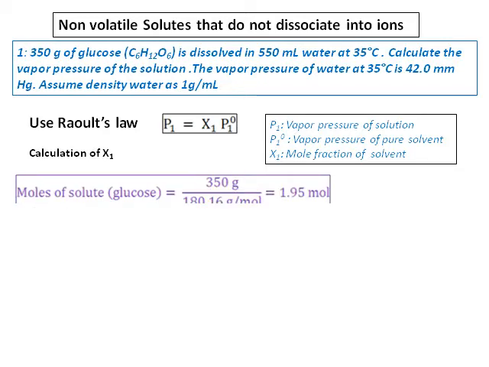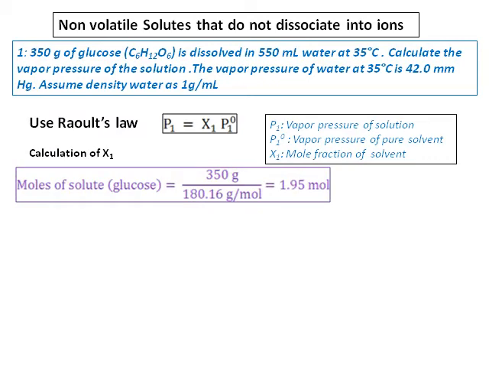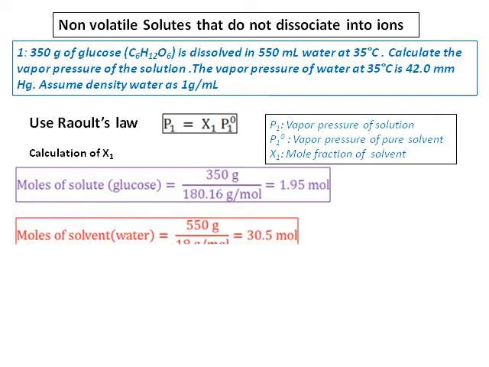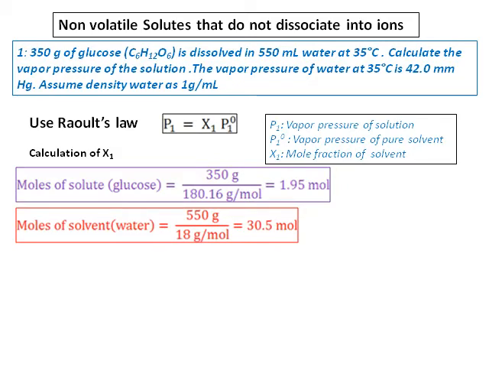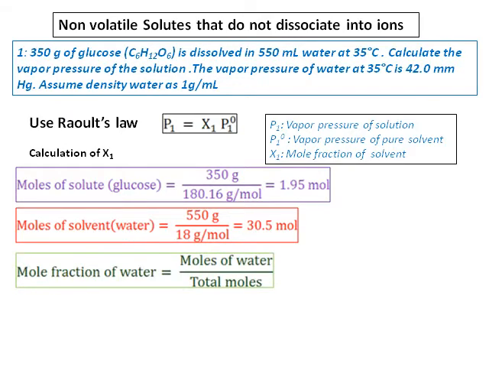So let's start with the moles of the solute, the glucose, which is equal to grams of glucose divided by the molar mass of glucose. And then moles of solvent will be equal to grams of solvent divided by molar mass of solvent. Since they have asked us to assume density as 1, volume and mass of water become the same. So I got the moles of solute and the solvent. After calculating the total moles, I can get the mole fraction of water, which is equal to 0.940.